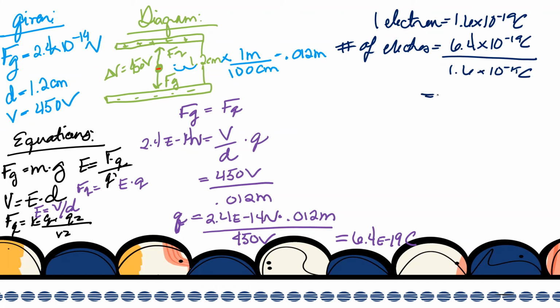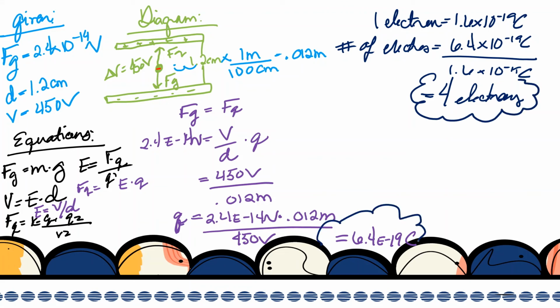And so put that in the calculator. And I get that the number of electrons is 4. So there are 4 excess electrons on this drop that's suspended, and these 4 excess electrons have a charge of 6.4 times 10 to the negative 19 coulombs.